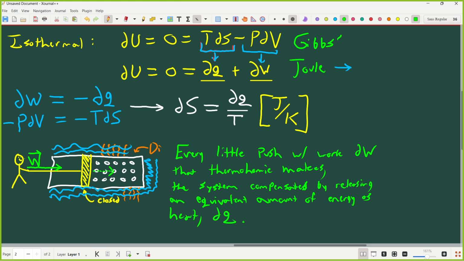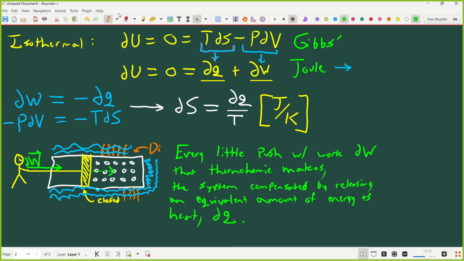So he puts in a little bit of work, dW, and the system responds in kind by releasing an equivalent amount of energy.